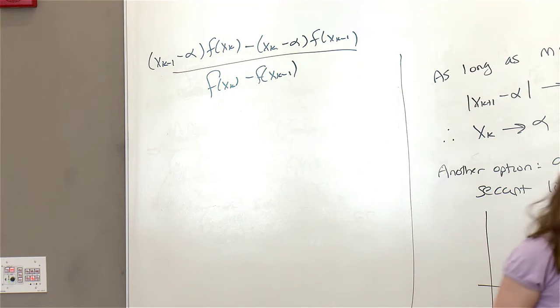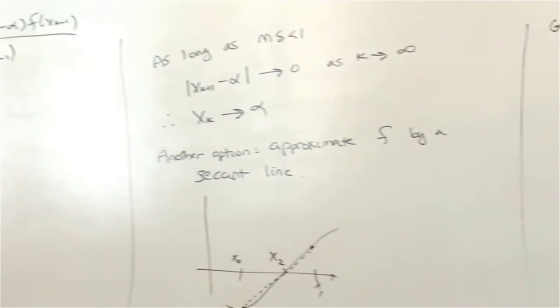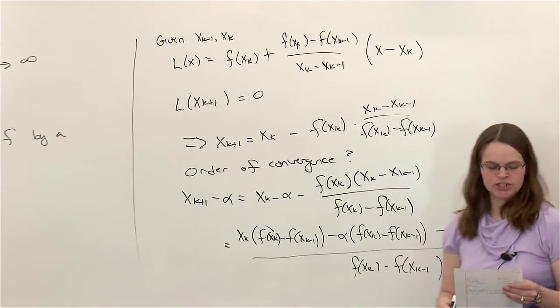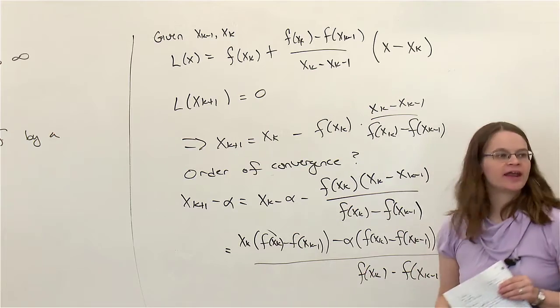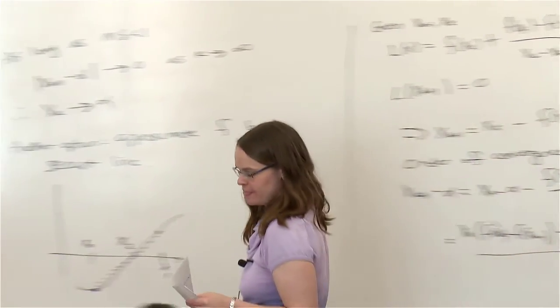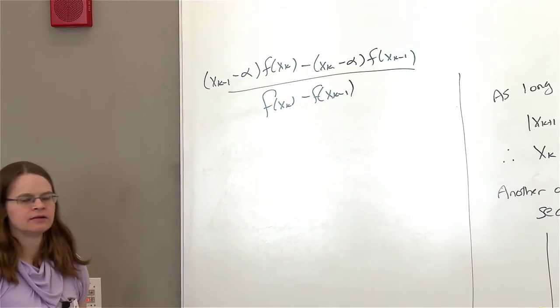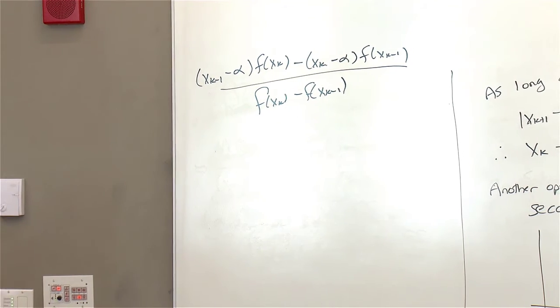But I got to manipulate this somehow to get myself there. Add something and subtract something. Add something and subtract, so they're both linear approximations. You want to bring in an f prime somewhere. Okay, good. I like this suggestion. What's a good way to bring in an f prime? Taylor series. There it is.